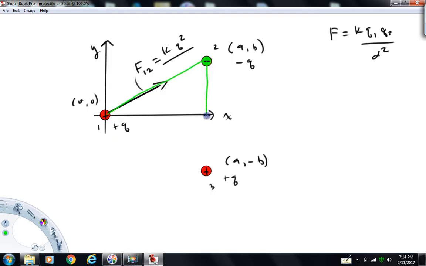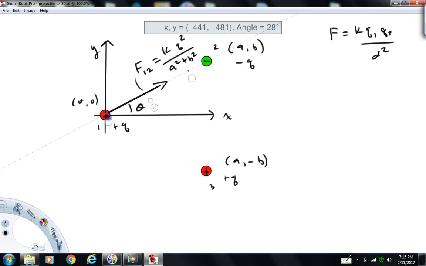If you take a look at this triangle I've drawn, this horizontal distance is A and this vertical distance is B. So this distance squared is equal to A squared plus B squared by the Pythagorean theorem. So I'm going to put A squared plus B squared in the bottom. So there's the magnitude of F12. Here's some angle theta, which we'll deal with when we need it.